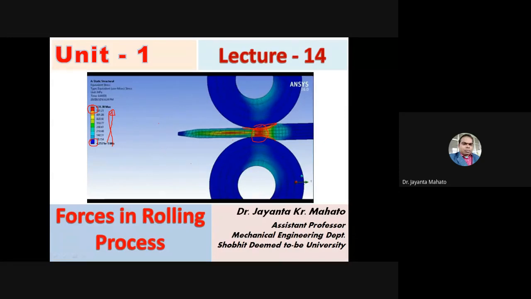So actually the rolling pressure or the force required to deform the material varies along this contact zone. Okay, so I will explain how this pressure varies from the contact zone, from the starting point, the entry point, to the exit point.